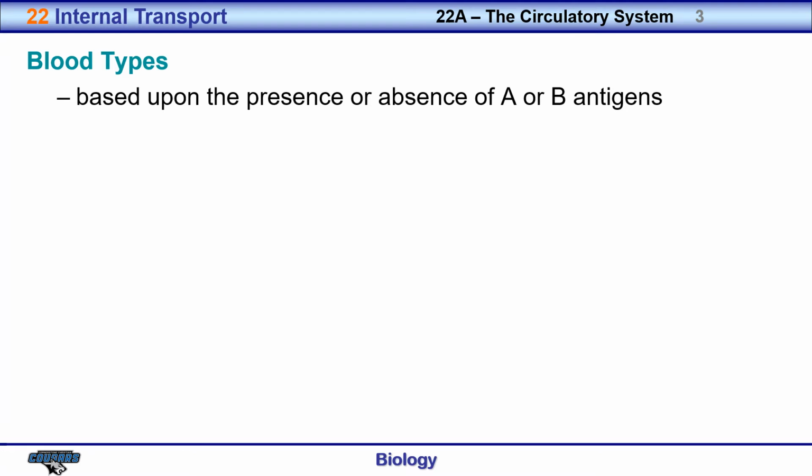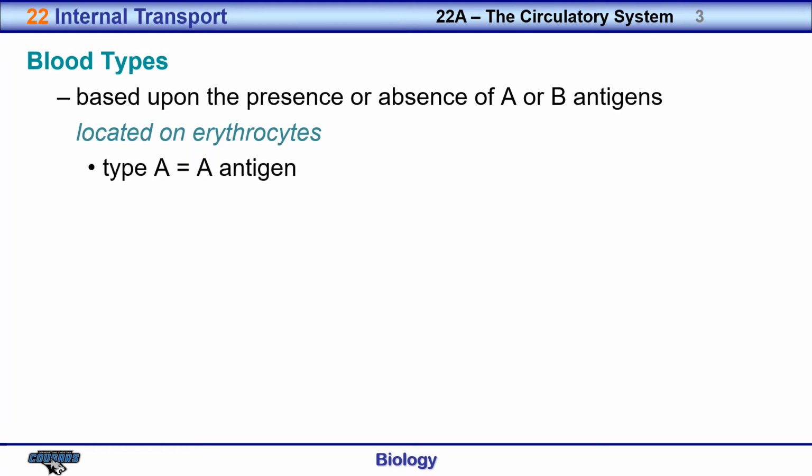Now these blood types are based on the presence or absence of certain antigens. It turns out he labeled the antigens one an A and one a B. So what blood type you have is determined by whether you have an A or a B or you don't have an A or a B. Remember, this is located on the erythrocytes, on the red blood cells themselves.